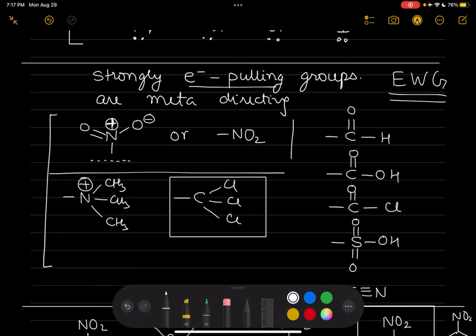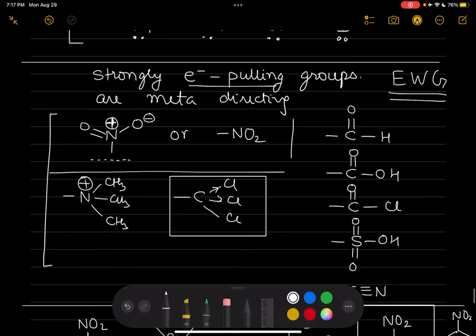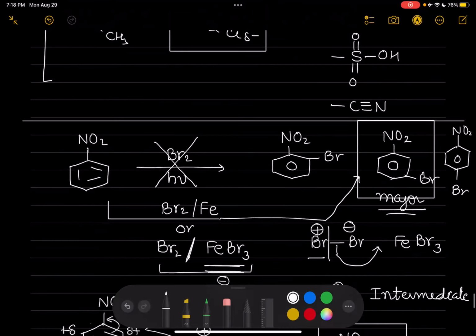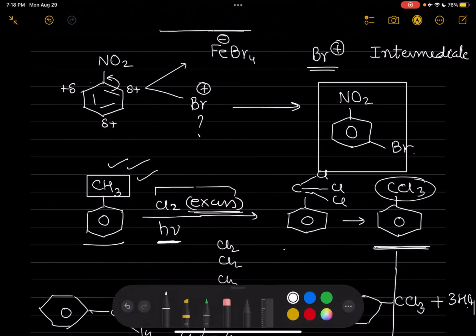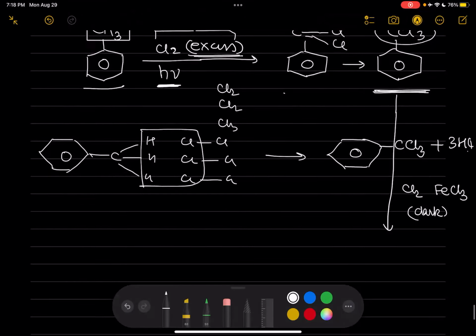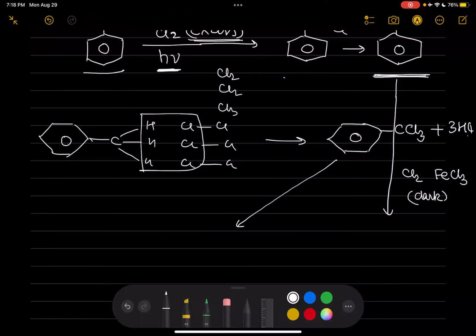So it will be on the meta position. These are strongly electron pulling groups. Chlorines are strongly electronegative, so the carbon will have a positive charge. And because of the positive charge, the ring wants electrons. So if there is a group which is electron withdrawing, then it is a meta directing group.